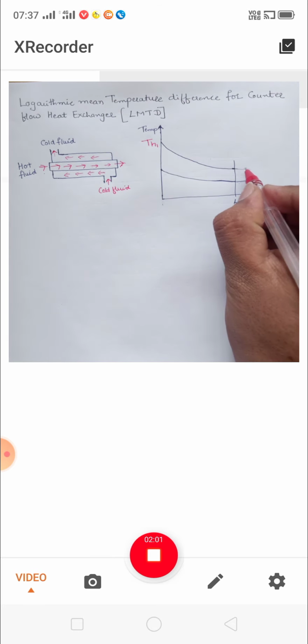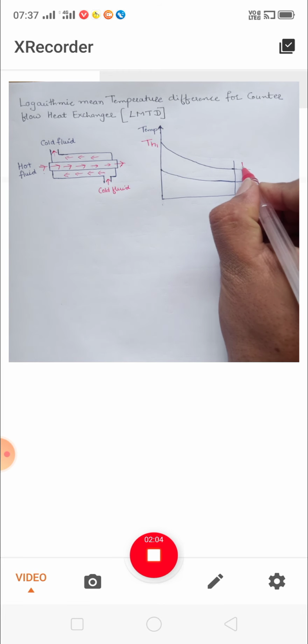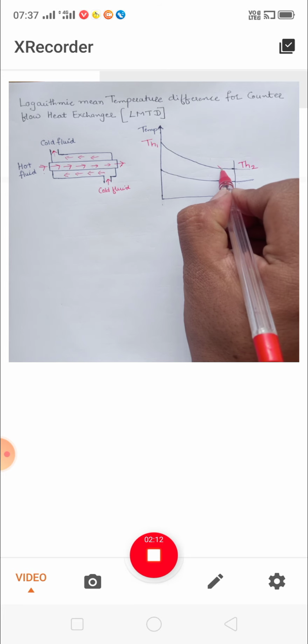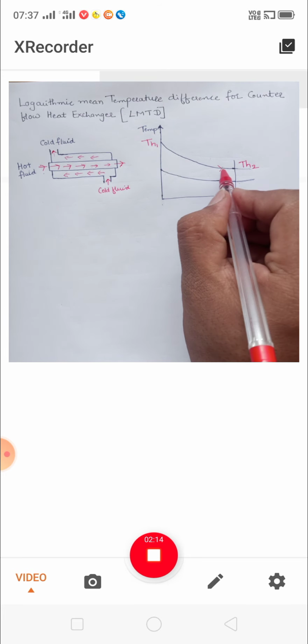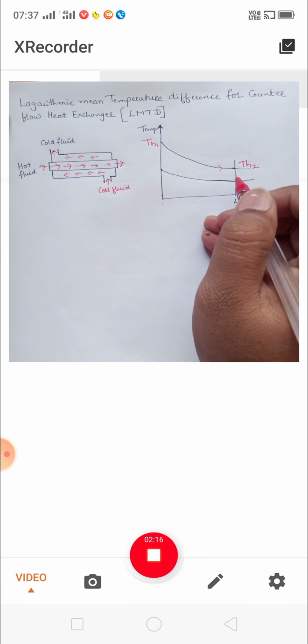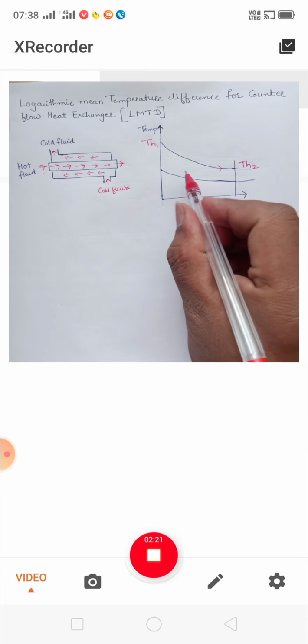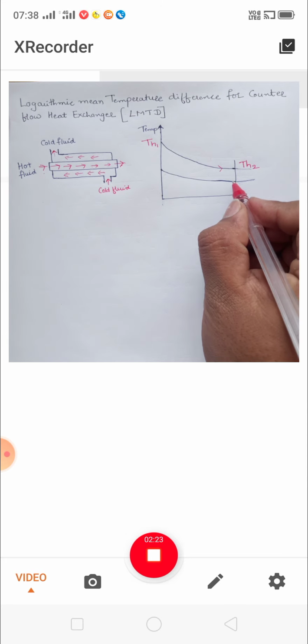The hot fluid leaves the heat exchanger at a temperature TH2. So this is the direction of the hot fluid which is flowing in the heat exchanger, whereas the cold fluid is flowing opposite to the direction of the hot fluid.